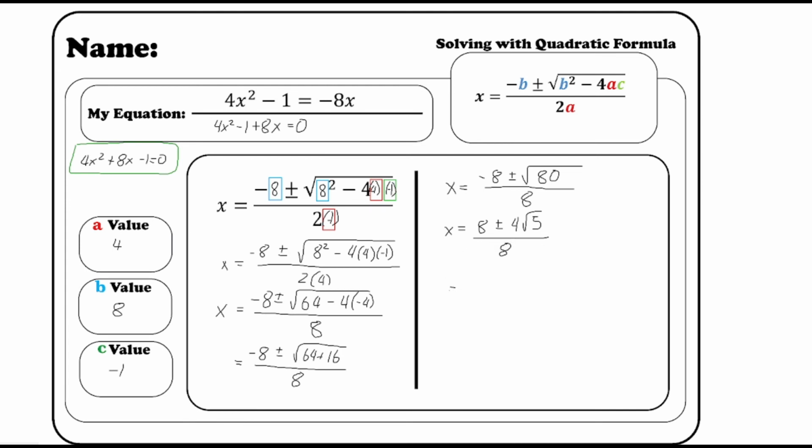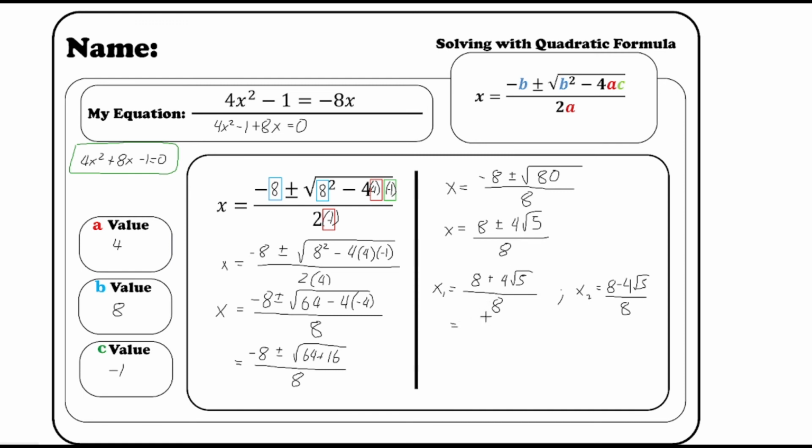So, continue natin. So, we have x sub 1, negative 8 plus 4 square root of 5 over 8. X sub 2, negative 8 minus 4 square root of 5 over 8. So, factoring tayo.